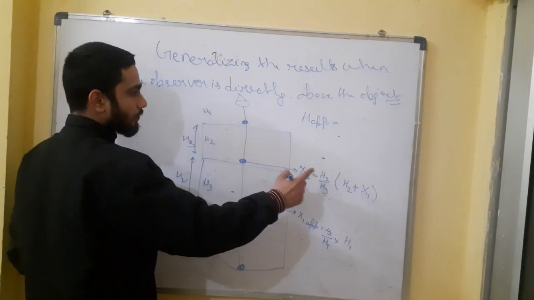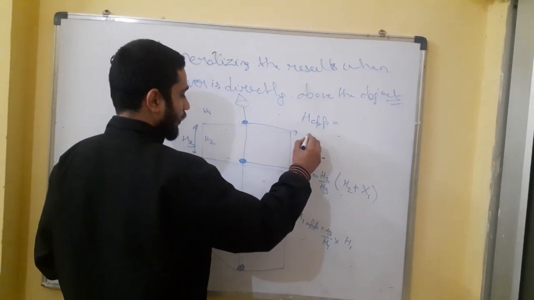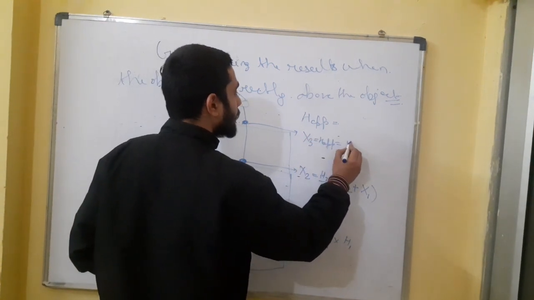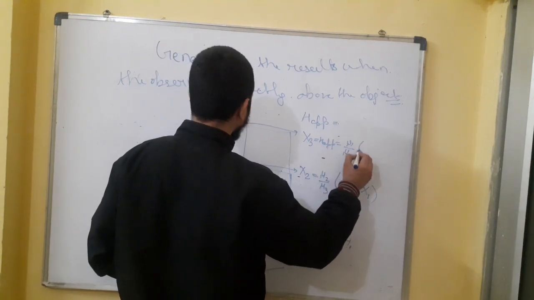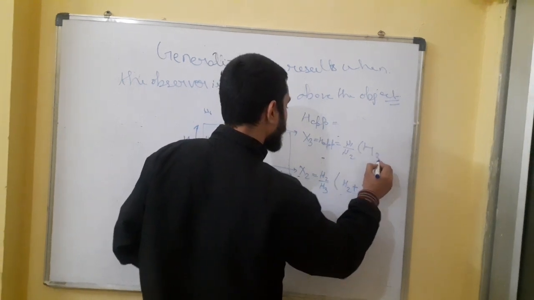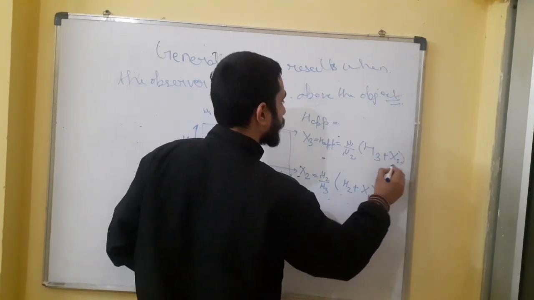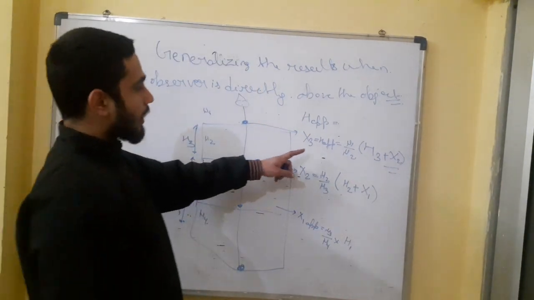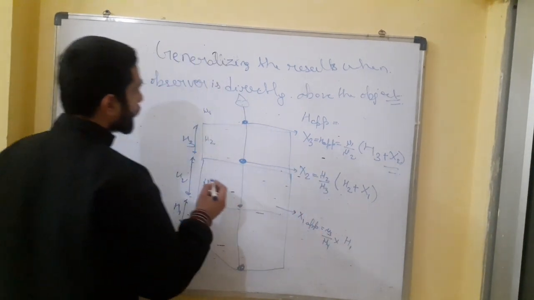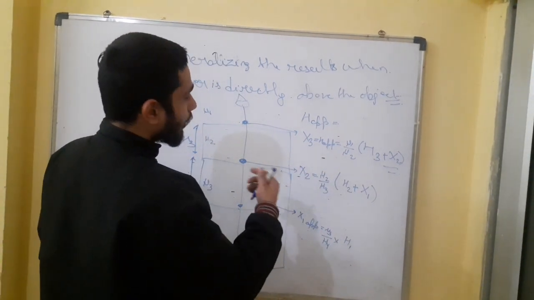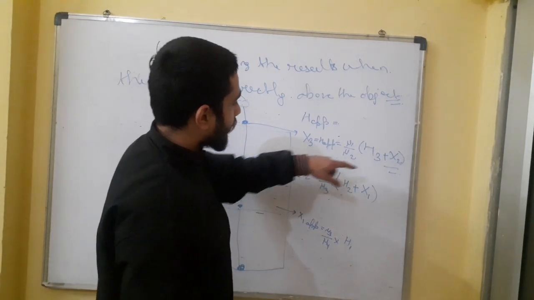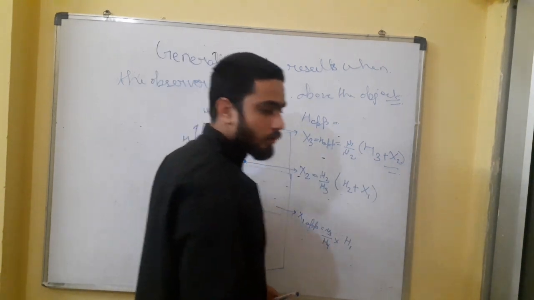And x3, which is h apparent, will be mu1 by mu2 into (h3 plus x2). This is the H apparent which is seen by the observer from here. So to get the final result, we will put x1 into x2, and then x2 into this. So let's see how we get it.